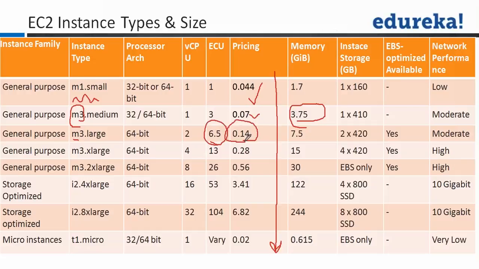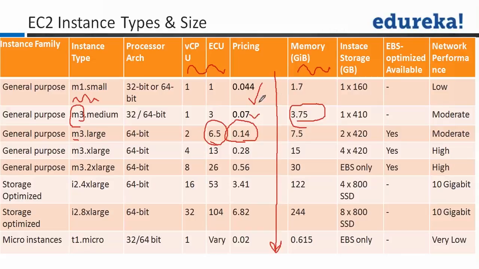One thing you need to note here, I am not specifying storage because all storage is ephemeral. I am focusing on two aspects, vCPU and ECU, and then memory. So you see, this general purpose has a balance between the CPU and the memory. Everything is in a balanced way.